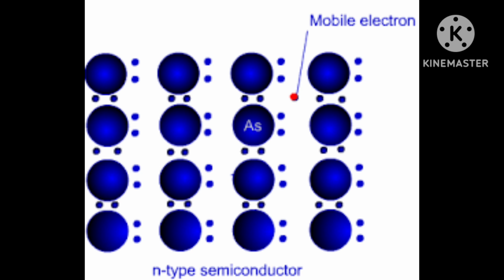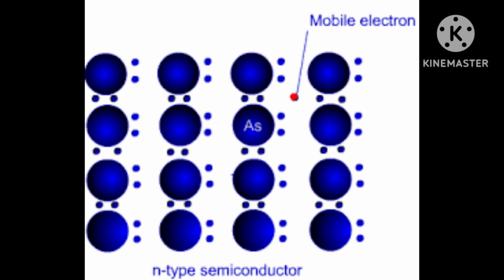You know, phosphorus valence electron is 5, arsenic is also 5. All group 15 have 5 valence electrons. Then what will happen? This group 14 has 4 valency, silicon and germanium for example, and this 15th has 5 valency, phosphorus and arsenic.